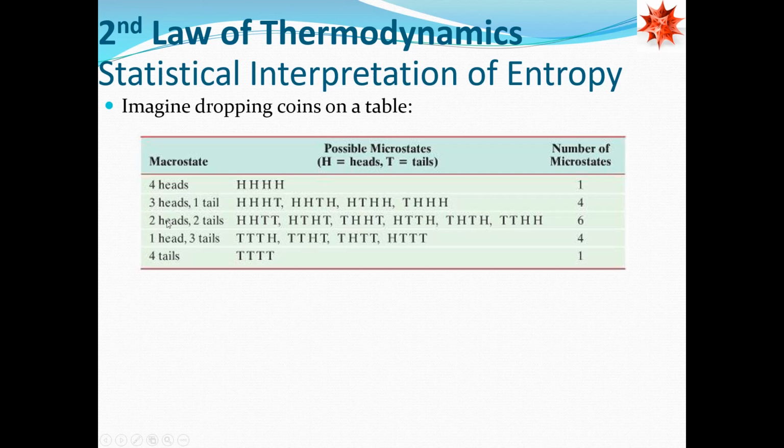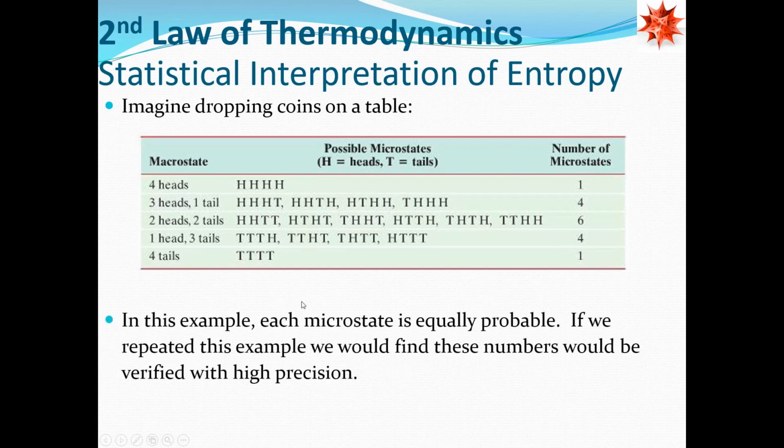So, in a case like this, you pretty much have a 1 in 6 chance of guessing the correct combination of which ones are tails. But for things like four heads and four tails, you're guaranteed to get that. You have a 100% chance. This is, of course, assuming that each microstate is equally probable, but that's what we're pretty much going to assume in a lot of our cases.